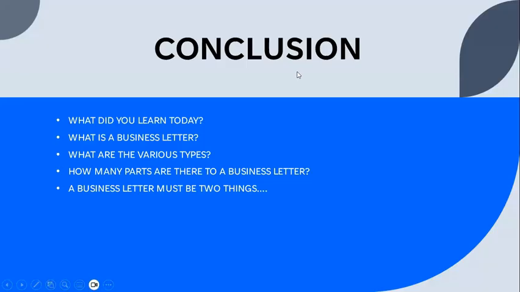Anyone else? I learned how to properly write a body with all the parts of the body without getting marked off. Very good. One more person. I learned each part of the letter, we learned the body and signature and stuff like that.